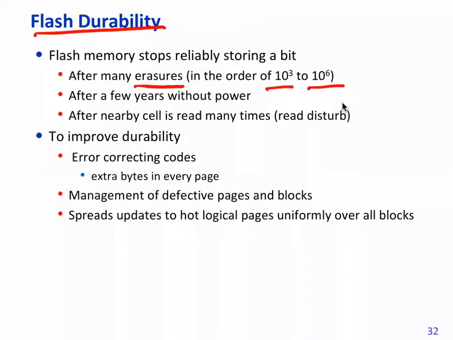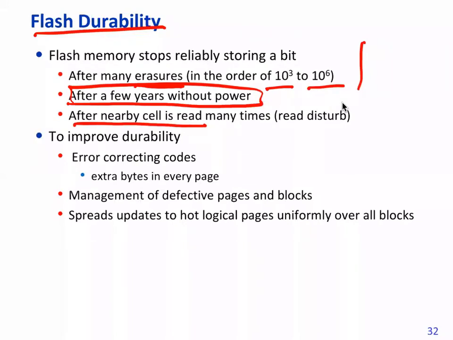Or it depends on how many times you have written onto the flash, or whether you kept the flash unused for a certain number of years, or the number of nearby cells read, because even reading nearby cells impacts the cell. So to improve durability, we use error correcting code, ECC, in short.